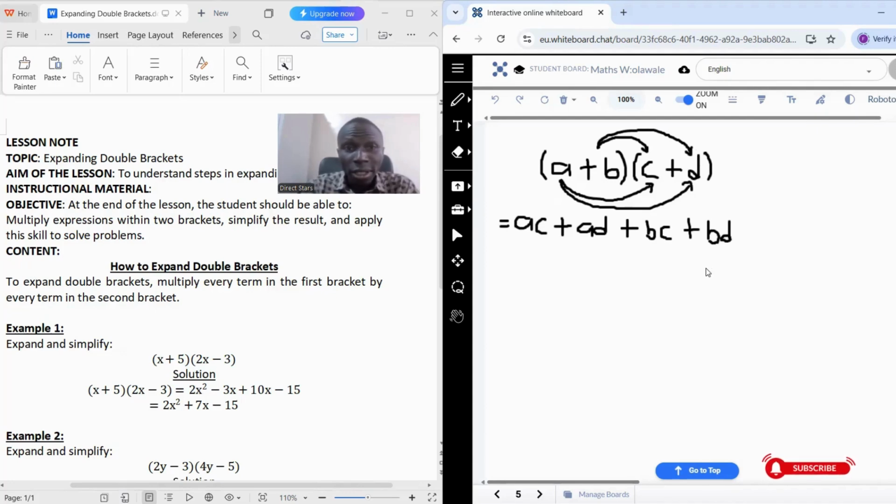So we'll be looking at 3 examples in this topic. In example 1, we have to expand and simplify (x plus 5) multiplied by (2x minus 3).